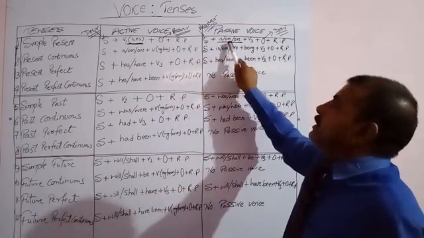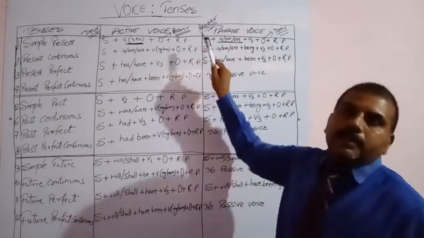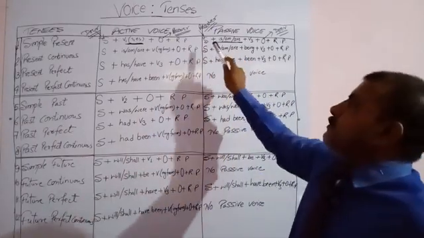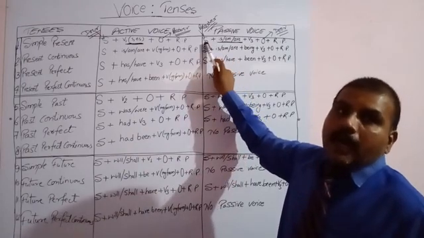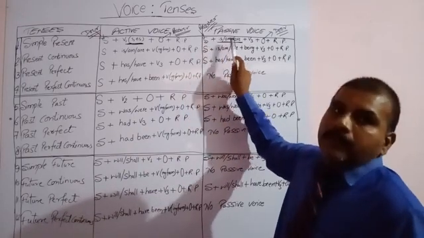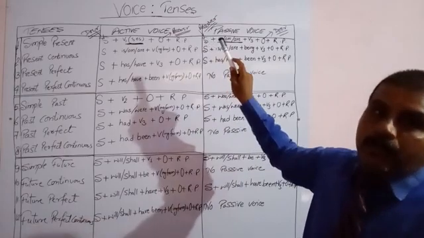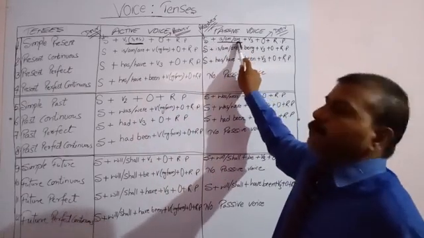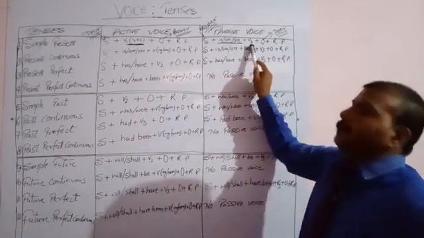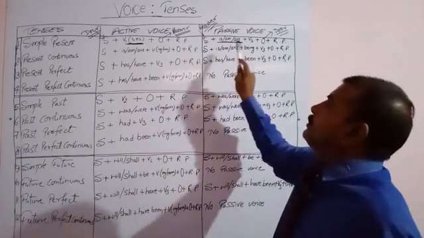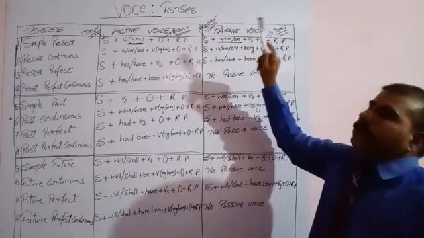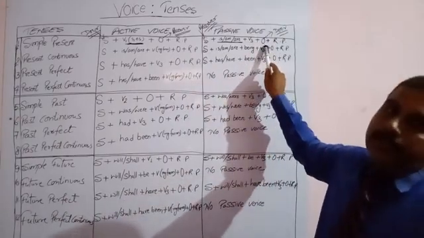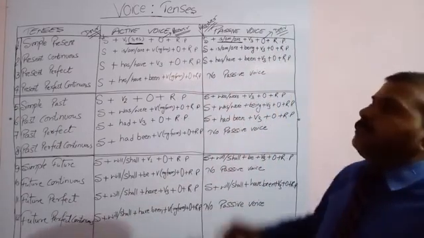Then we use is, am, are as per subject-verb agreement: if the subject is singular, we use is; if the subject is I, we use am; if the subject is you or plural, we use are. Then verb third form, the main verb in third form. Then the object, meaning the doer of the verb becomes the object, then the remaining part of the sentence.